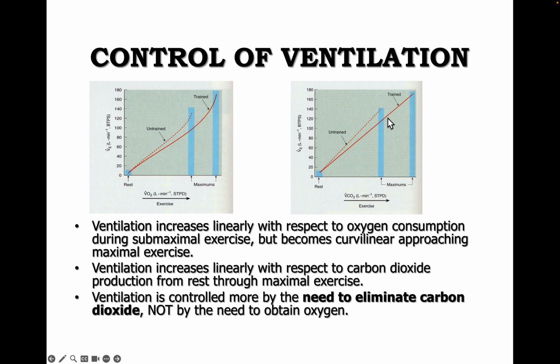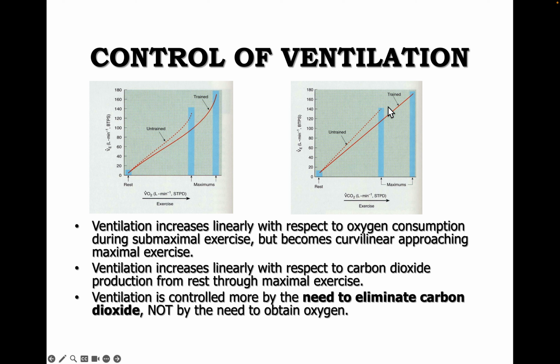Not only that, the trained runner, when training at maximal speeds versus the untrained runner, can produce more carbon dioxide, comparing their maxes. That would make sense because that person is able to utilize that carbon dioxide efficiently and more efficiently get that carbon dioxide out compared to that untrained runner.